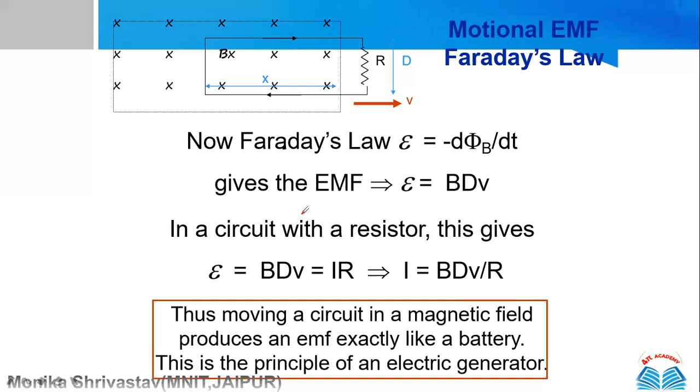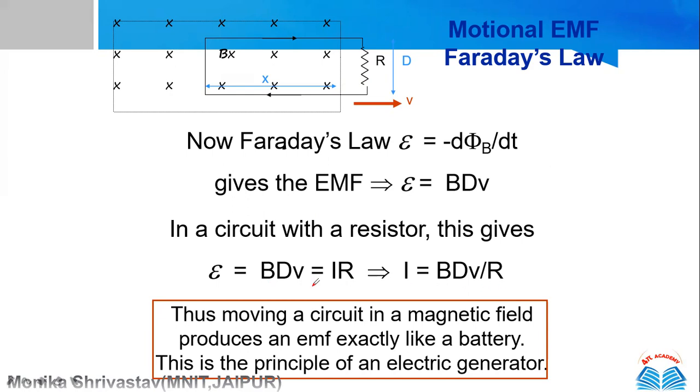Okay, now this circuit has a resistor R here. Now we will talk about this R. So in a circuit with a resistor, this gives epsilon equals B D v, and epsilon is like voltage V. Okay, electromotive force has the units of volts. So E equals I R. We know that.